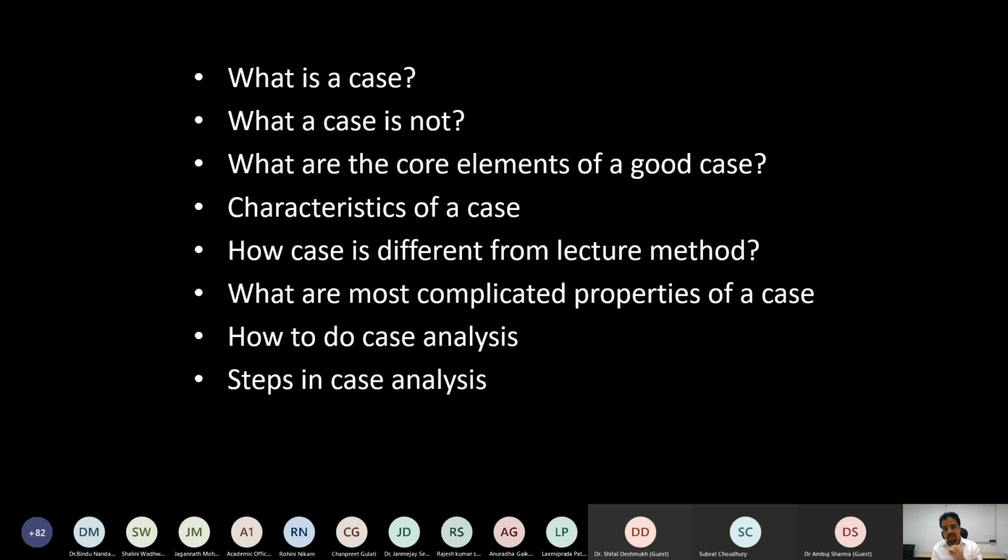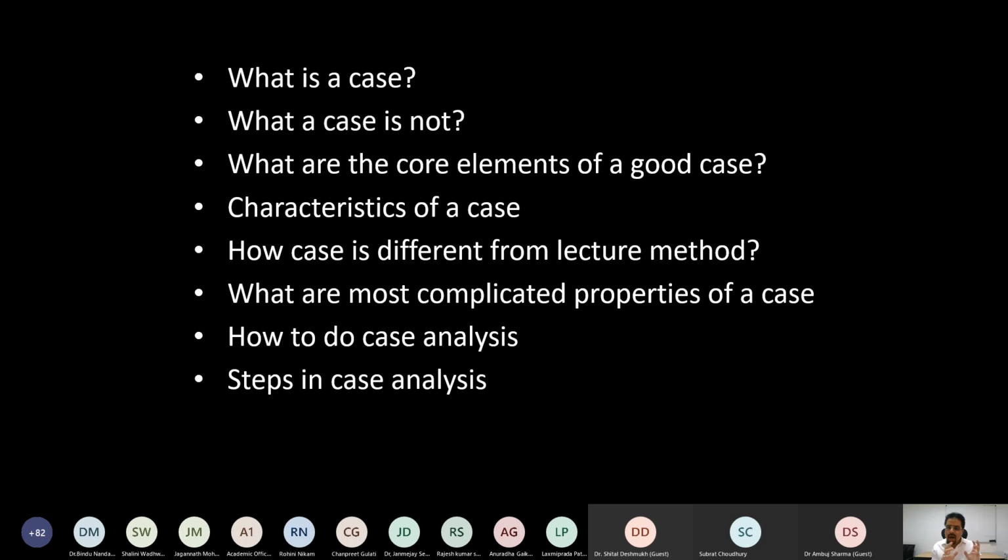Then what are the things that make cases complicated or interesting? Anything peculiar about this methodology is a bit complicated and complex, but that is the thing which differentiates us from the normal routine delivery that we usually have in the class.